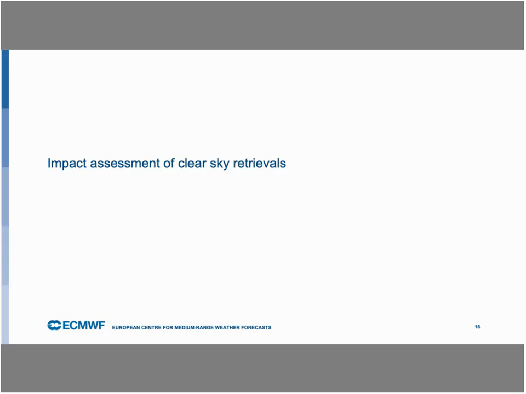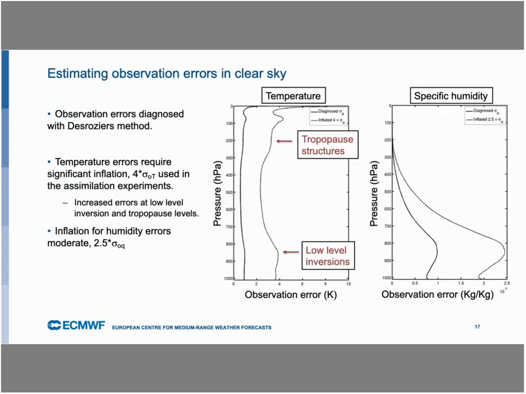Okay, so if I then move on to the impact assessment, then first the focus is on clear sky retrievals. So the first important step here has been estimating the observation errors in clear sky conditions, and we have applied the de Rosier method, which is the method that has been used to diagnose also the errors and error correlations for radiance assimilation.